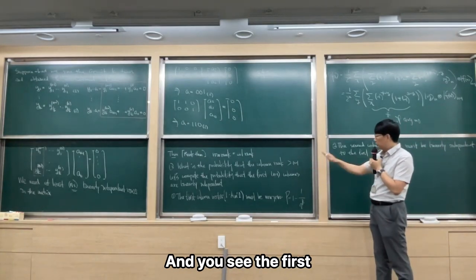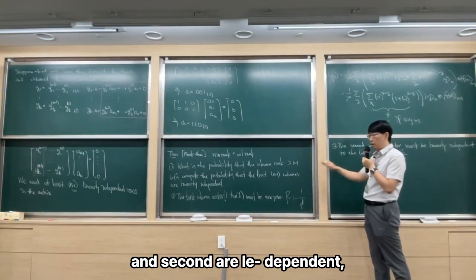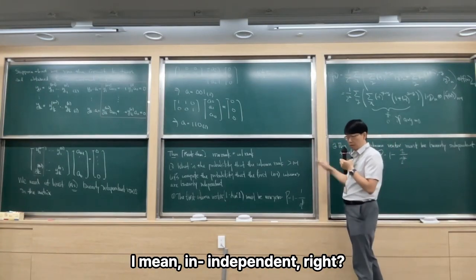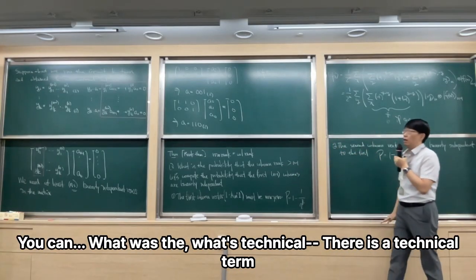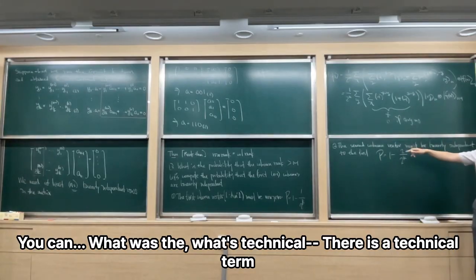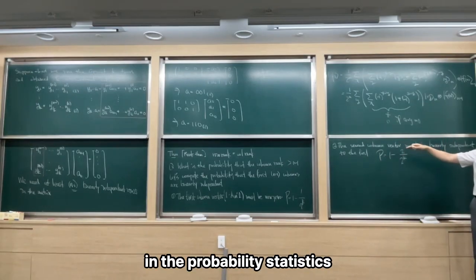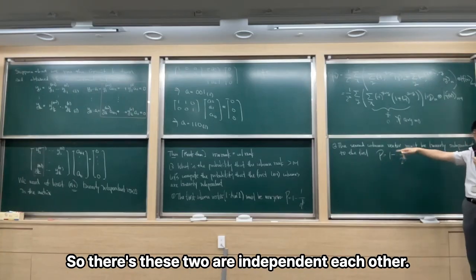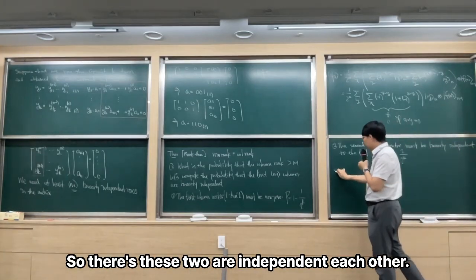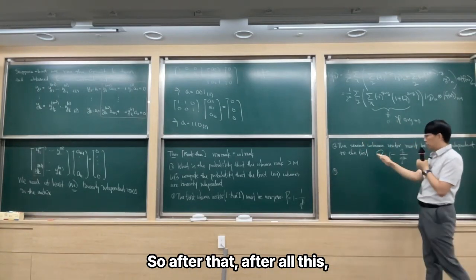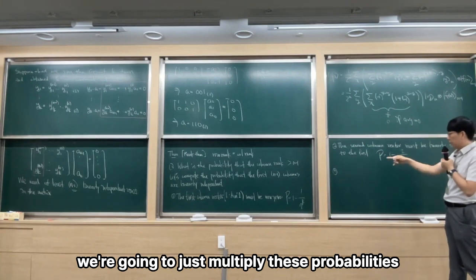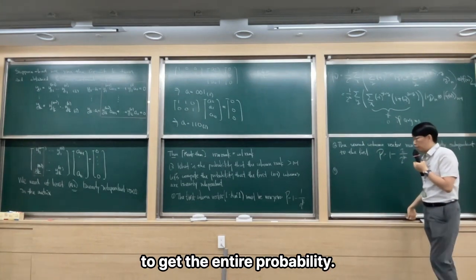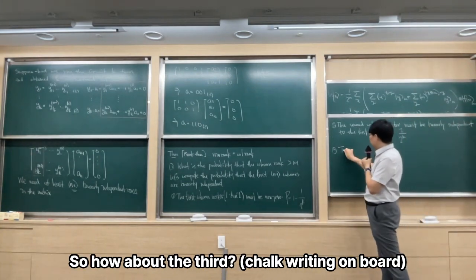And you see the first and second are independent, right? There's a technical term in probability and statistics that these events are independent of each other. So after all this, we just multiply these probabilities to get the entire probability. So how about the third?